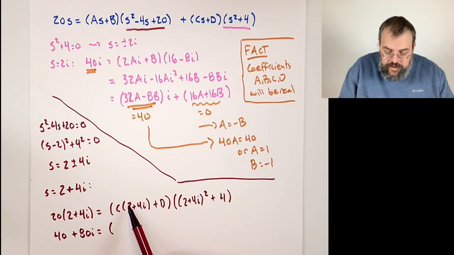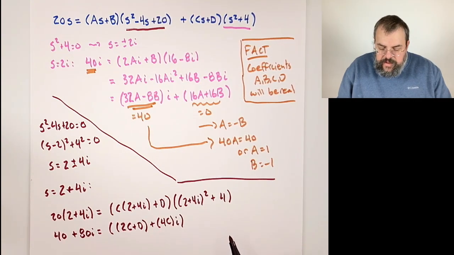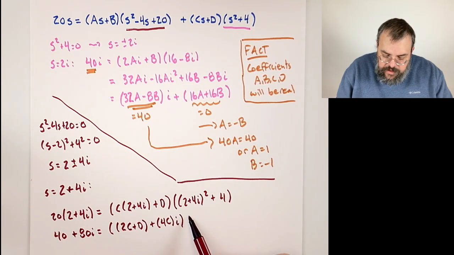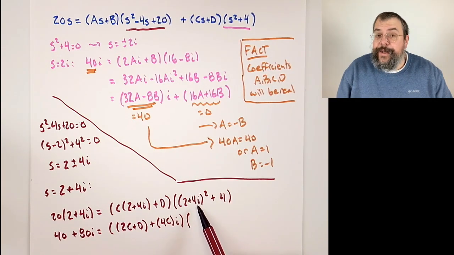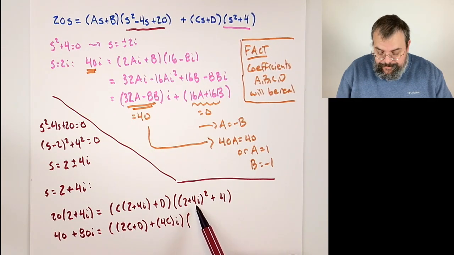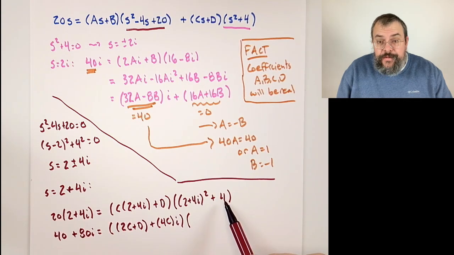We'll get 2c plus d, so 2c plus d, and then plus 4c times i. And then here, well, what will happen? You're going to get 2 squared, which is 4. You get 4i squared minus 16, and a plus 4.